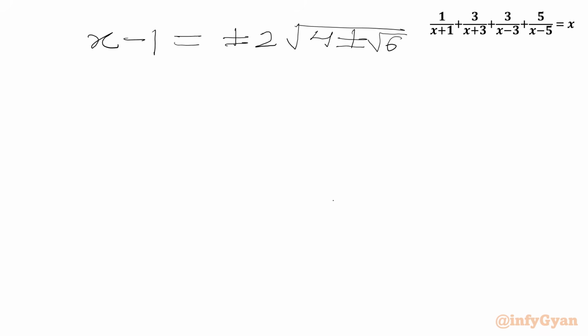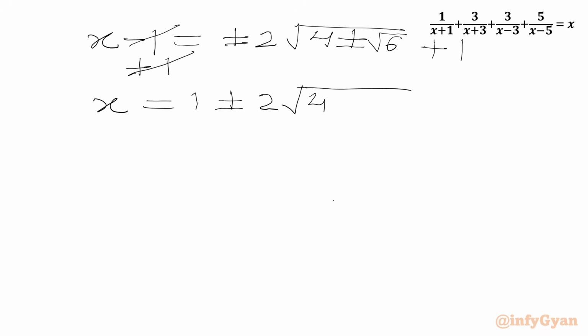Now we only have to add 1 to both sides to get 4 real values of x. So I will write here plus 1, plus 1. Plus and minus 1 will get cancelled out. We will write x will be equal to 1 plus minus 2 times square root of 4 plus minus square root of 6.